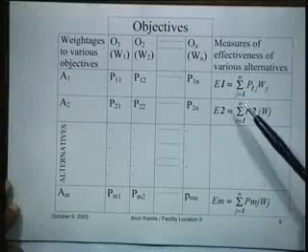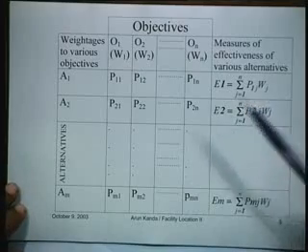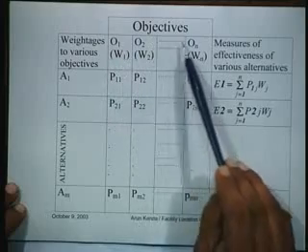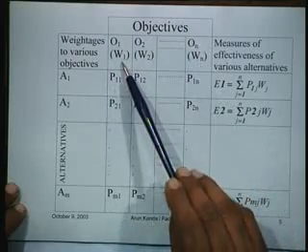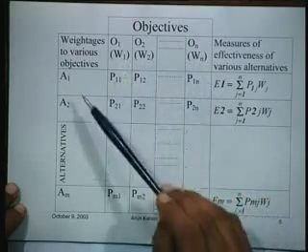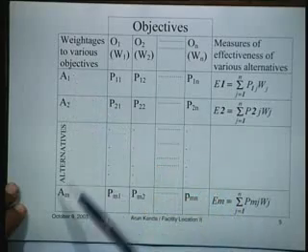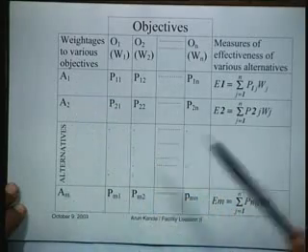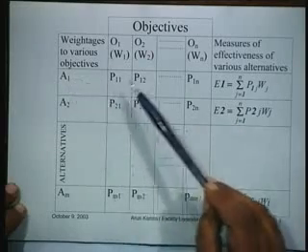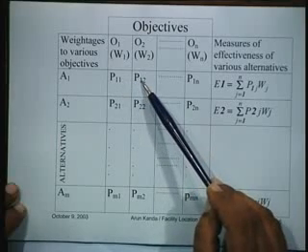Our approach in this problem is essentially something very simple, and it is summarized in the form of this table. We have identified the objectives that we have. We would like to prioritize these objectives and give certain weights, and then we identify alternative locations A1, A2 and so on up to AM, and each alternative location is evaluated on the corresponding objective.